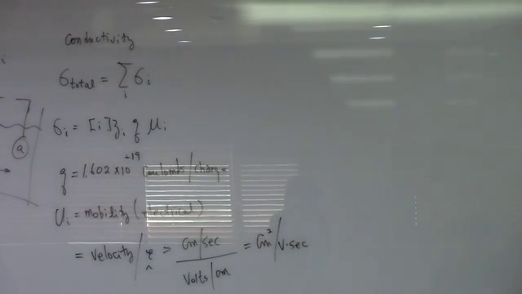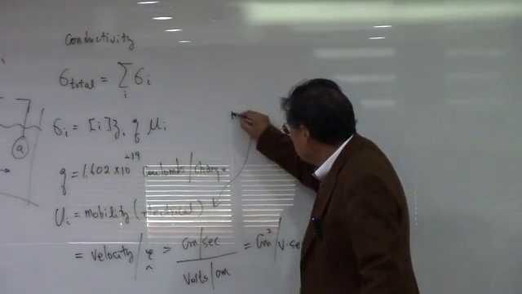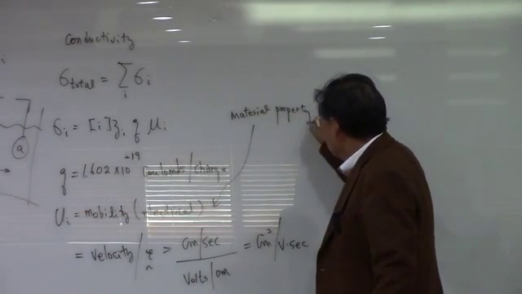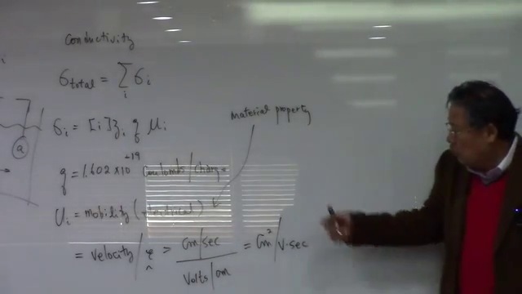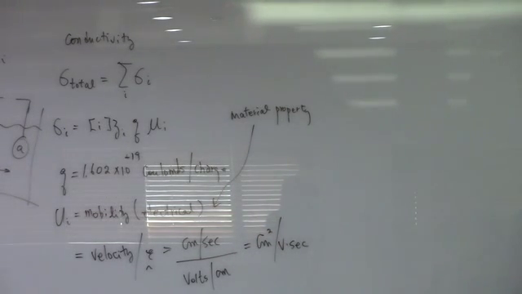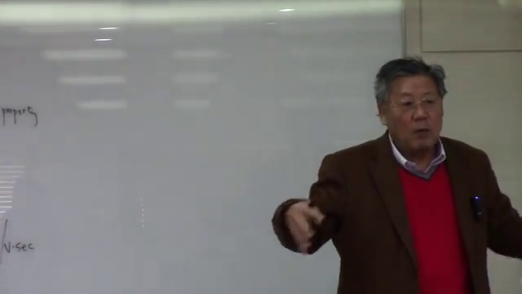What is the mobility of electron in silicon? 1420. Like that, the mobility is a material property. The reason why we invent this term mobility is that when you want to say how fast the electron can move in the silicon, obviously the speed or velocity has to be dependent on the electric field that we apply to the silicon.